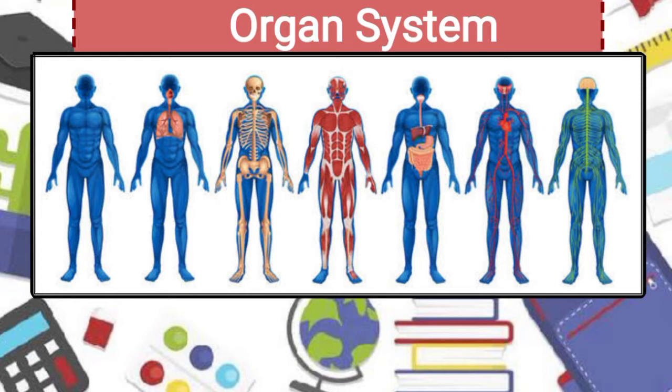An organ system is a group of organs and body parts that work together to accomplish a common goal and to perform different functions in our body. Skeletal, muscular, nervous, respiratory, digestive and circulatory are all examples of our different organ systems.